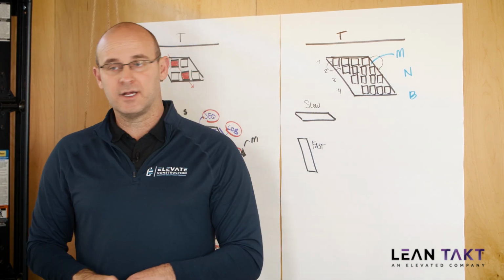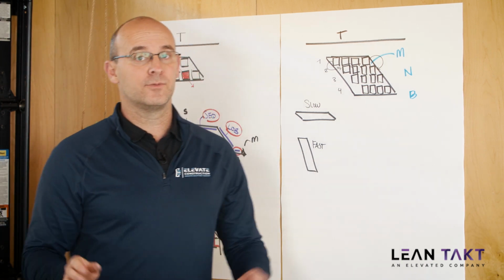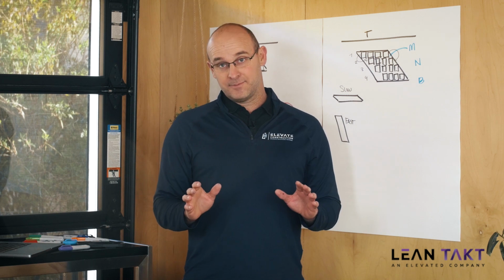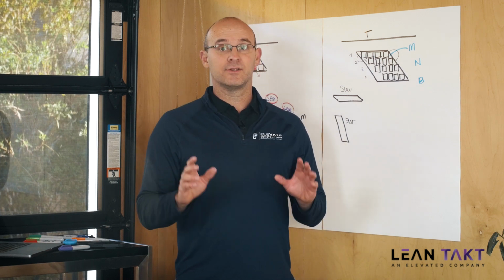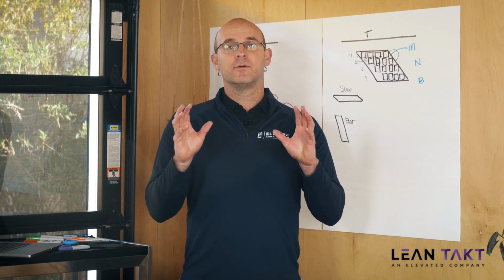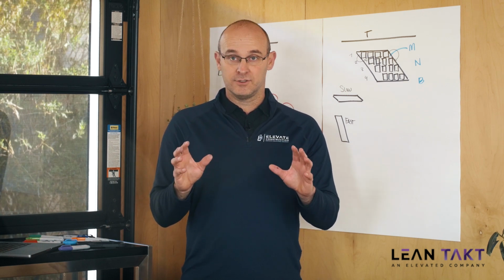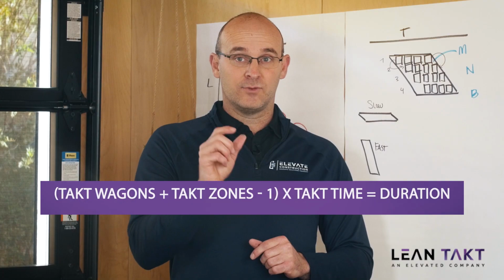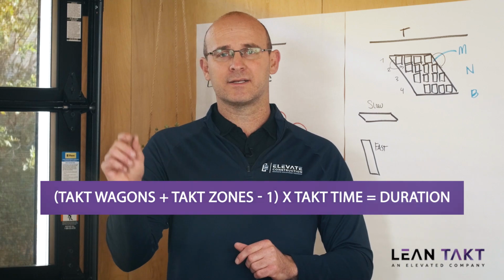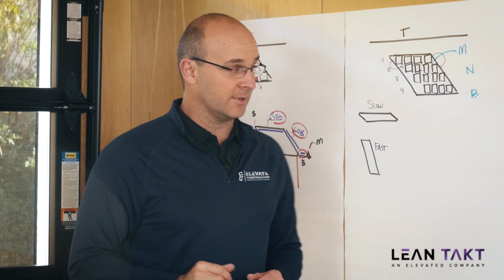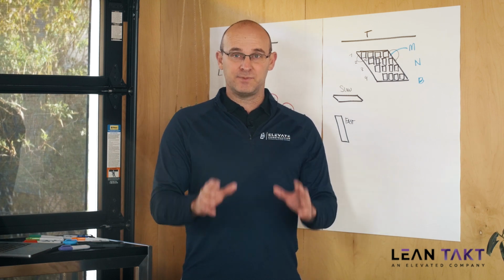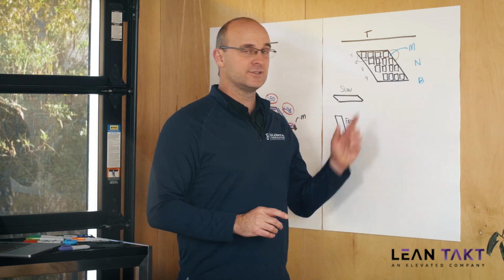So let me pause and talk about what a realized flow potential is for just a second. I'm not going to get into the math, but basically, through Little's Law and the calculation that we learned from Marco Biniger and Janos Louis, which is takt wagons plus takt zones minus 1 multiplied by the takt time equals the duration, we're able to look at different scenarios and different speeds for the phase based on how many zones we have.